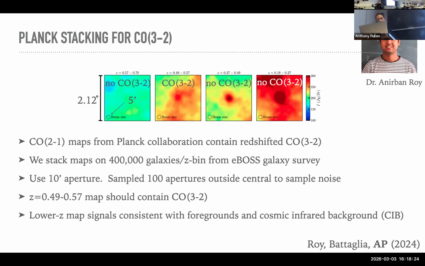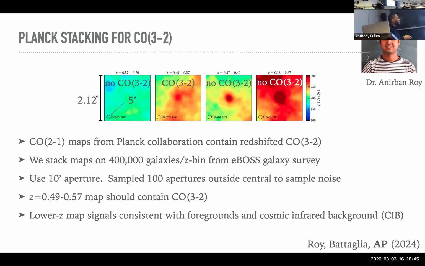We use a 10-degree aperture for this stacking analysis. In order to get the noise signal, we sampled not just in the middle where we line up the galaxies to stack, but we also sampled outside in order to characterize the noise. Basically these are the same map stacked on different galaxies.